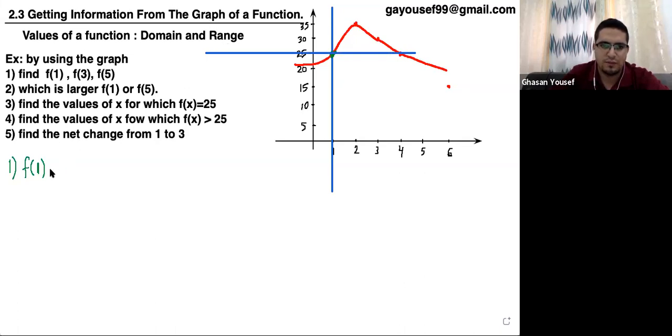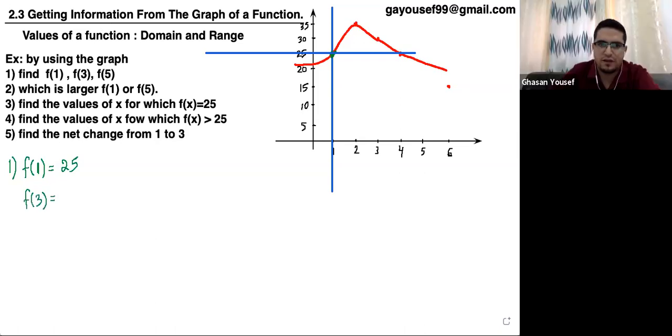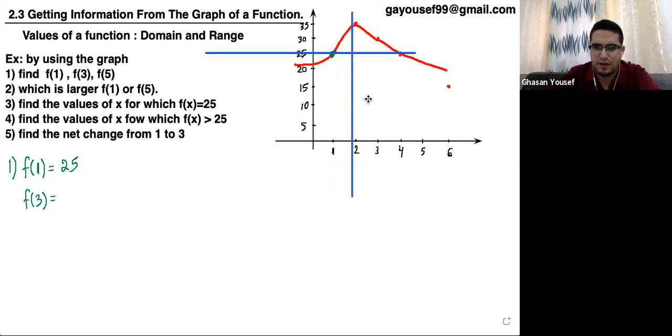Who will do the second one? What is f of 3? Thirty. For f of 3, you make a vertical line at 3, like Imran said, and see where it intersects the curve.